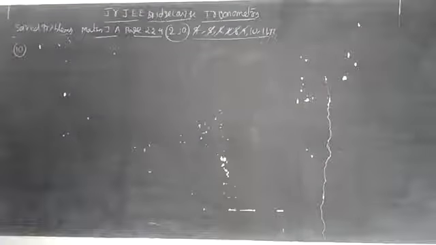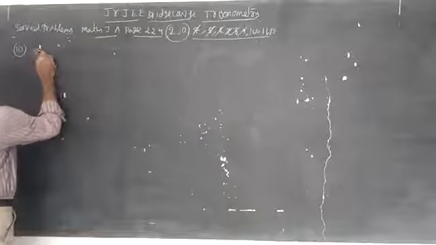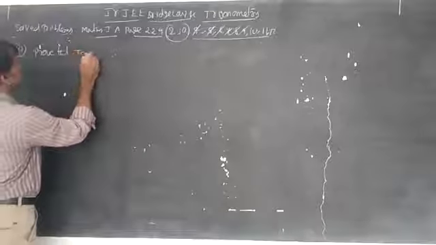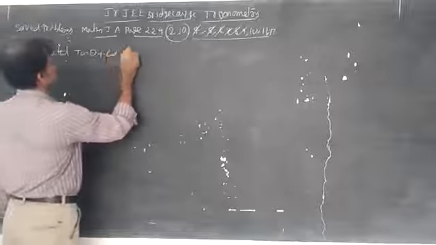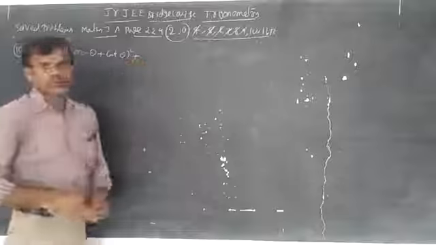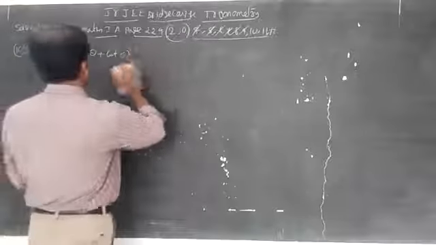Tenth question. Prove that (tan theta plus cot theta) whole square is equal to secant square theta plus cosecant square theta.